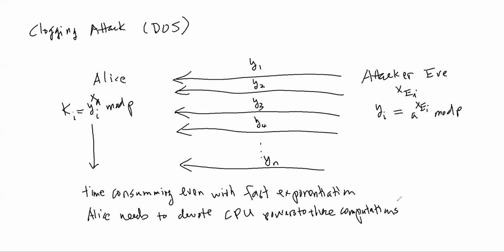Of course, you may wonder what happens if I first authenticate all these messages first, and that way you should not receive so many requests. But then, of course, authentication is also time consuming, right?